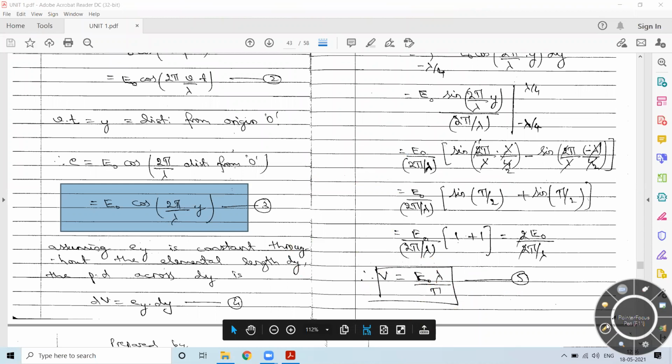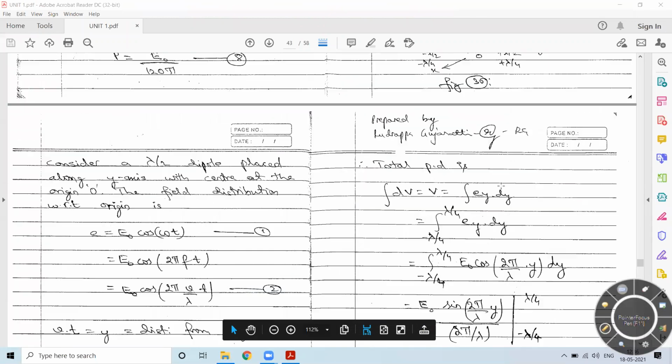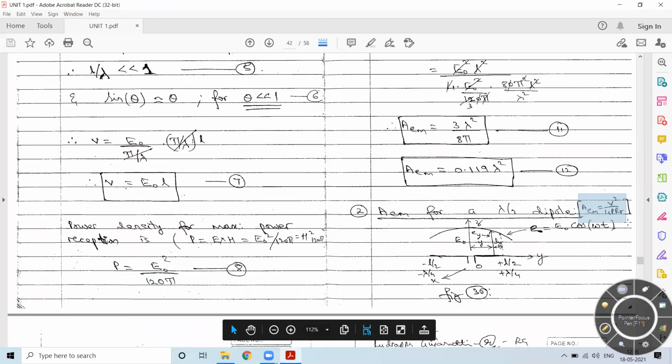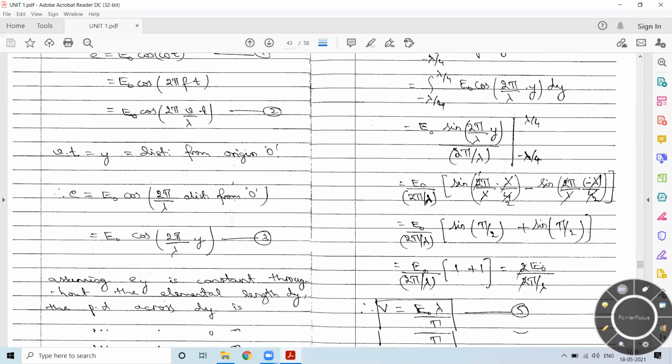So this is the potential value. Now I know what the V value is, in this equation, that is the average power, V square divided by 4 P R R. Now what is the power density?